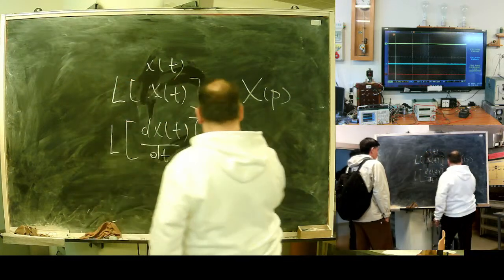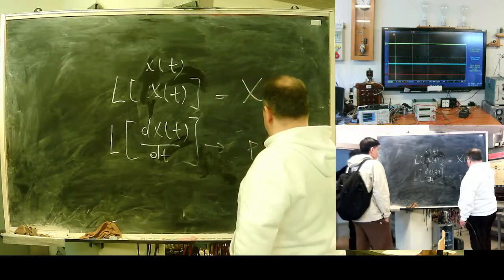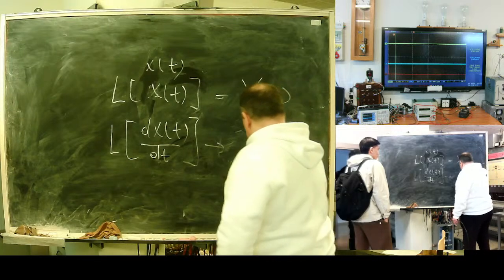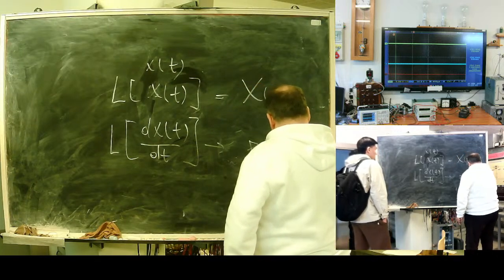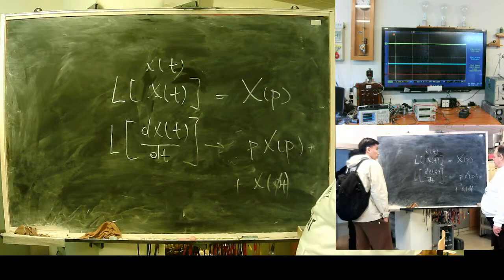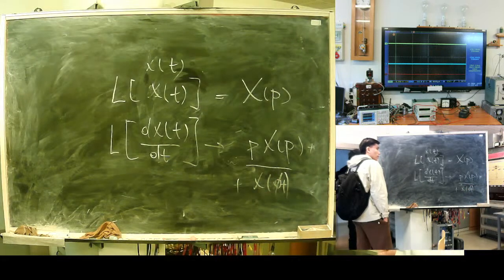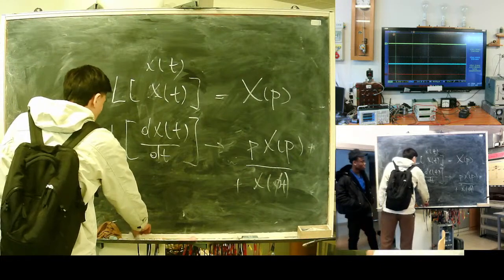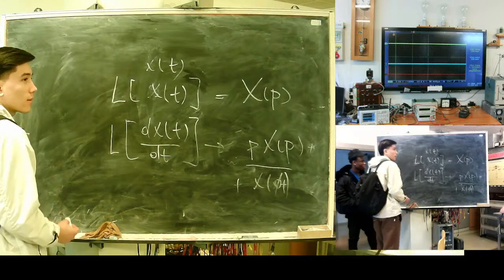And what will you get? pX plus x from the initial condition. That's what it's talking about. These are two forms of writing this Laplace frequency, p and s, there's no difference. It's a constant plus complex omega.